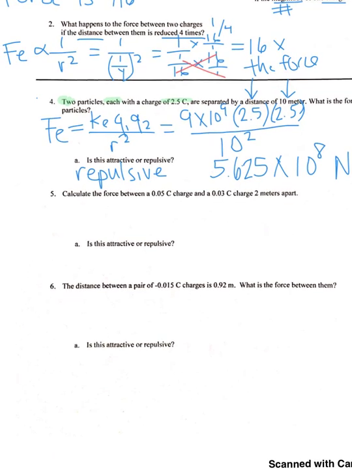Calculate the force between a 0.05 Coulomb charge and a 0.03 Coulomb charge 2 meters apart. So again, we're going to go ahead and start with Coulomb's law. Fe equals Ke Q1 Q2 divided by R squared.